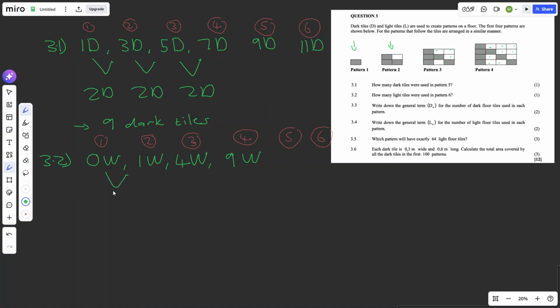Because if we find the first difference, we see that we have 1 between the first and second pattern, between the second and third the difference is 3, and between the third and fourth it's 5. So the difference here is not constant, so we cannot apply the same logic we applied with the previous one.